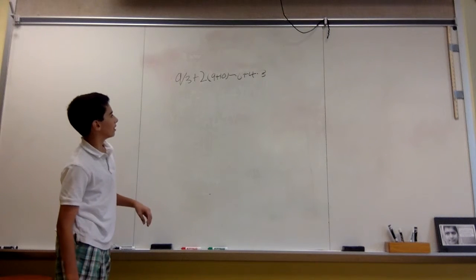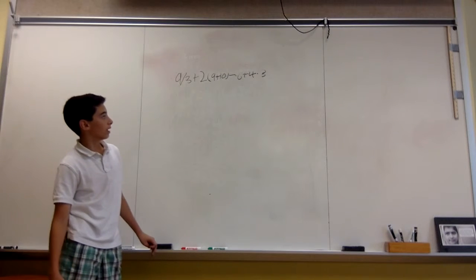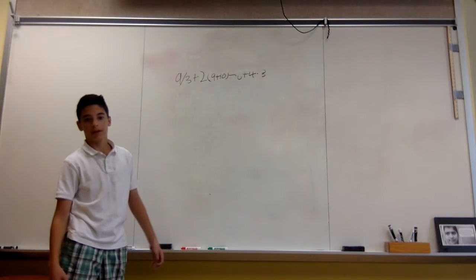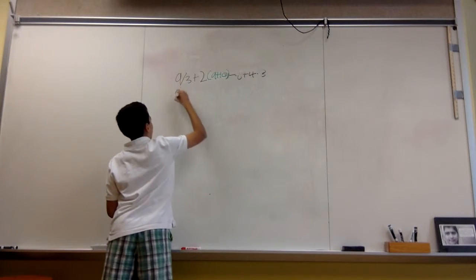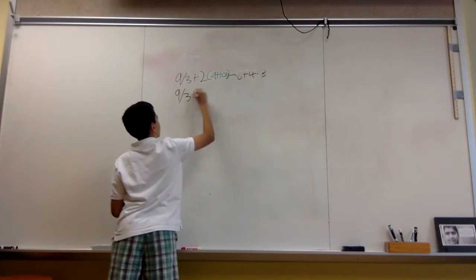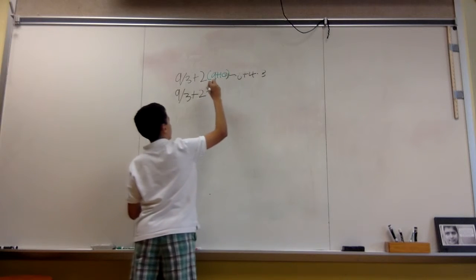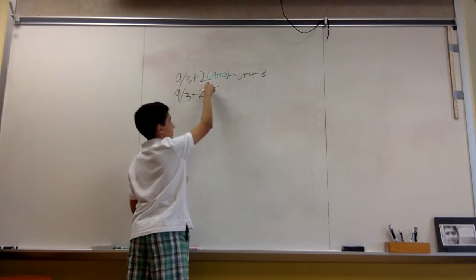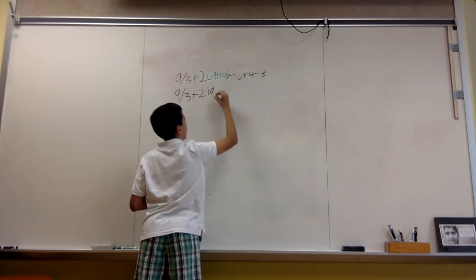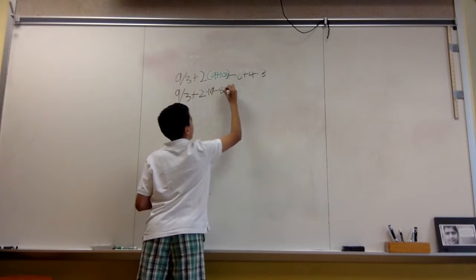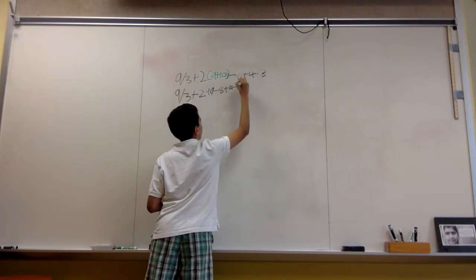We have 9 divided by 3 plus 2, 9 times 9 plus 10 minus 8 plus 4 times 3. Pretty big one, right? And again, 9 divided by 3 plus 2 times, since we don't have any symbols here, this is representing multiplication, times 19 minus 8 plus 4 times 3.